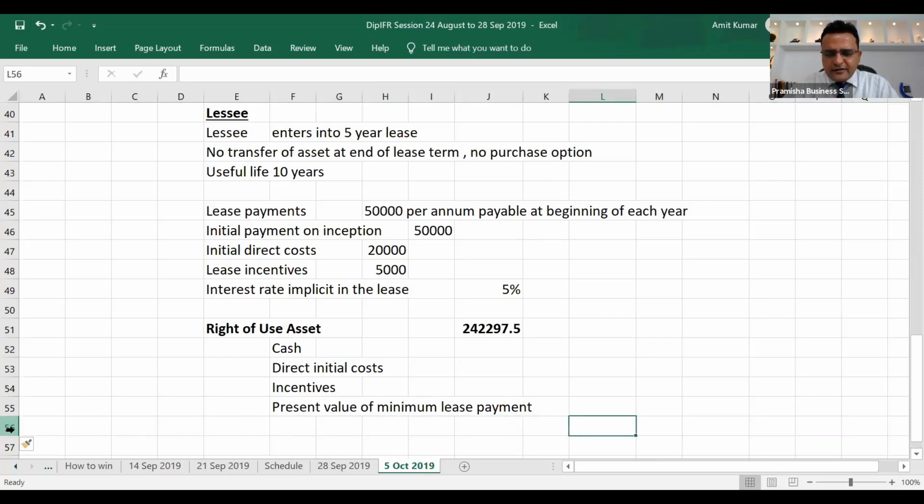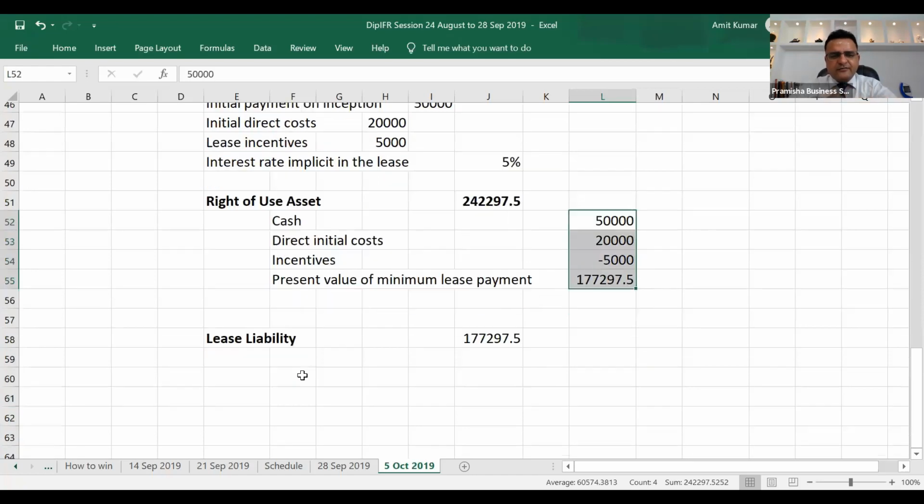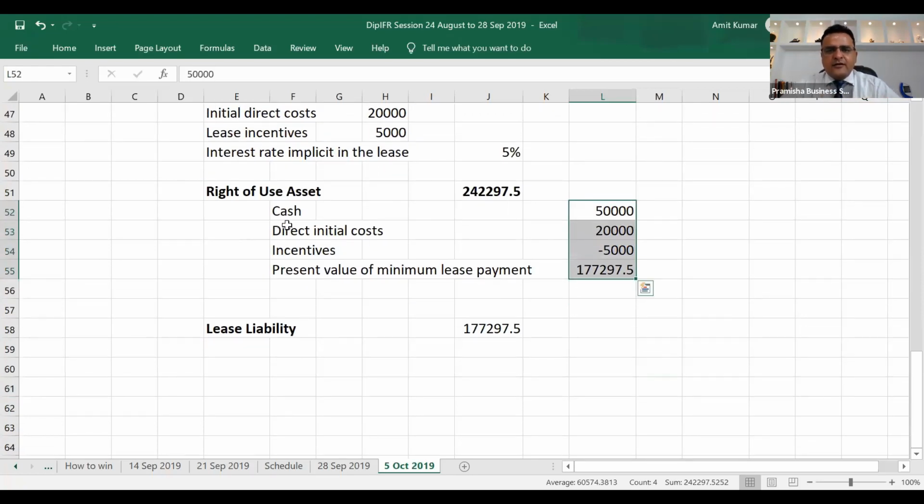Initial direct cash is 50,000. What will be the entry for it? 20,000 minus 5. Present value of minimum lease payments is equivalent to 177,297. What will be the journal entry for this? For recording a right of use asset, there is a cash payment, cash credited.